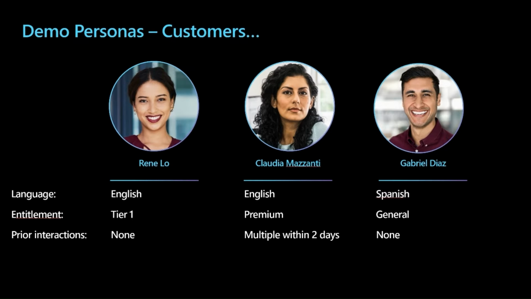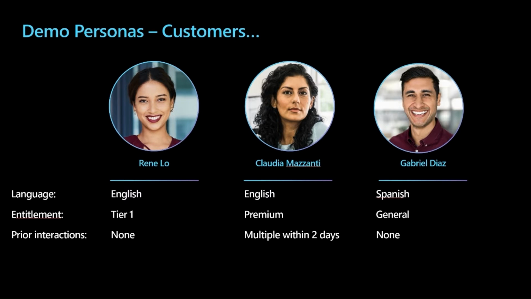We again consider the sample scenario of Contoso Health, a company providing healthcare and insurance services globally. As highlighted previously, the three customers Renee, Claudia, and Gabriel have differing language preferences and entitlements. Renee and Claudia are English speakers, whereas Gabriel prefers Spanish.